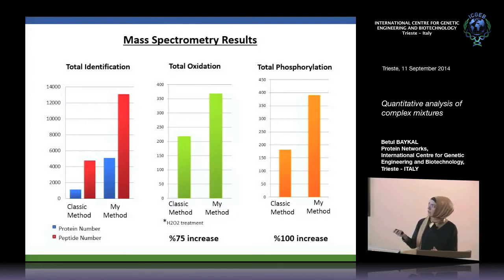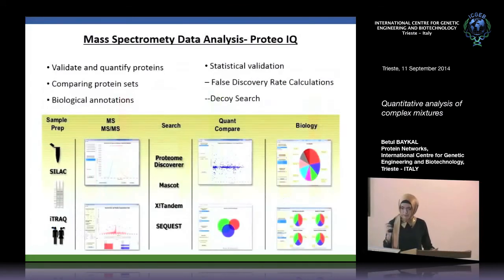Comparing the classical method and my method, the identification of oxidation sites increased 70%, and for phosphorylation we have an increase of 100% in identification of phosphorylation sites.